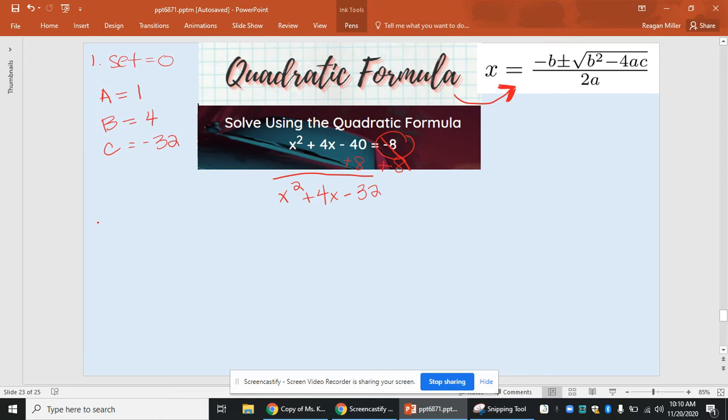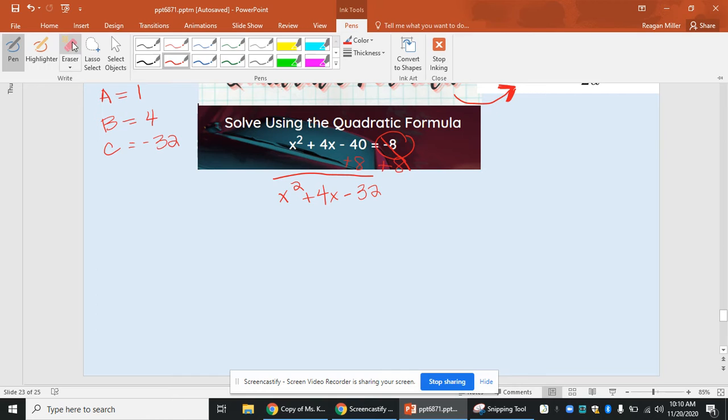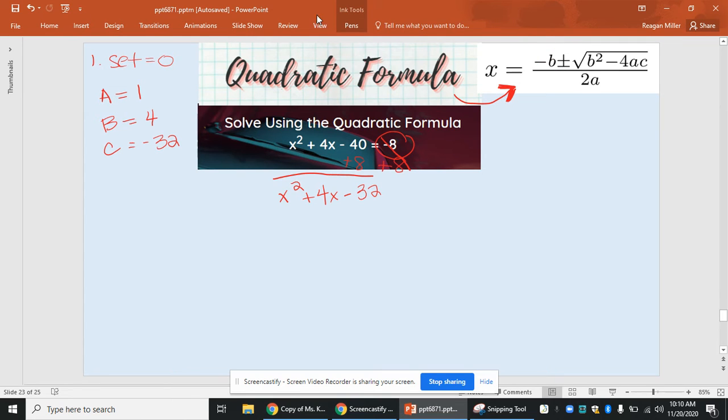All right, now we do the kind of messy work of plugging that all in. So you start by writing the opposite of B. So that's this part right here, opposite of B, or obviously it's written as -B.